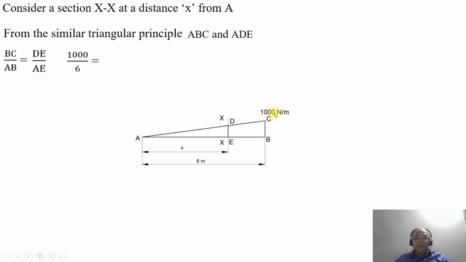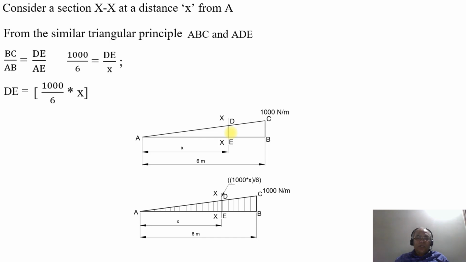BC is nothing but 1000 Newton per meter, divided by AB, which is 6 meters, will be equal to DE by X, where DE is the height we need to find out. So the height of this triangle ADE will be equal to 1000 by 6 into X, that is, 1000 into X by 6.